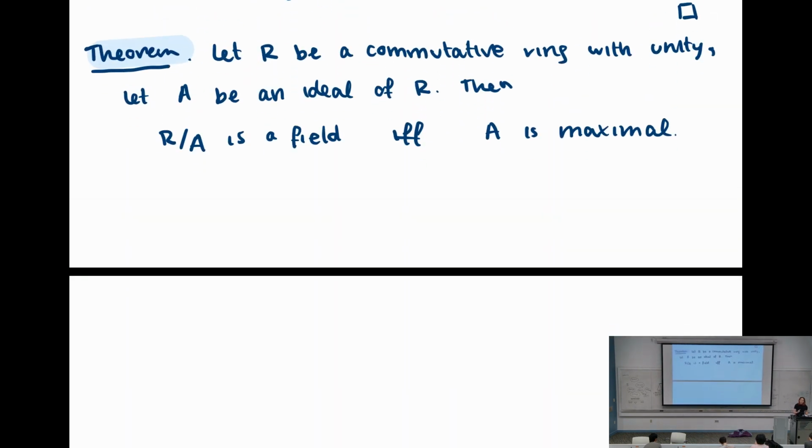Since it's an if and only if statement, we're going to have to prove both directions. So let's start off with the forward direction. So we'll suppose that R mod A is a field.